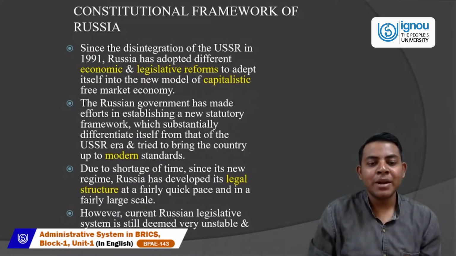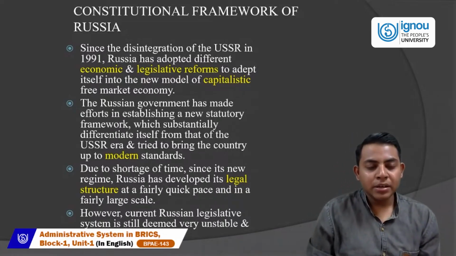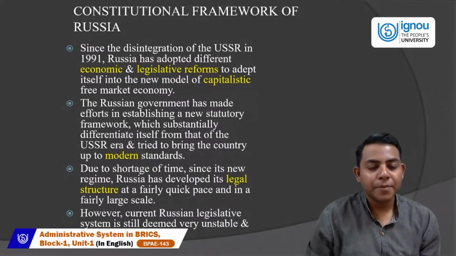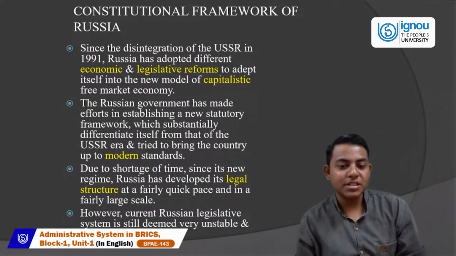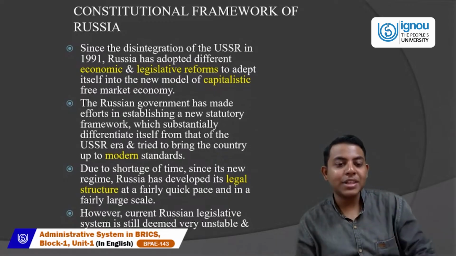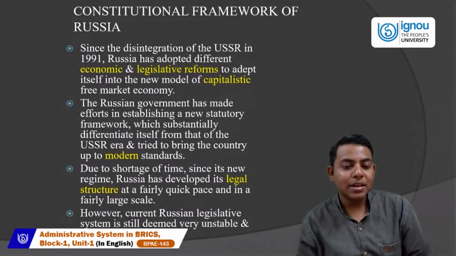The Russian government has made efforts in establishing a new statutory framework which substantially differentiates itself from that of the Soviet era. The Russian government has also tried to bring the country up to modern standards.